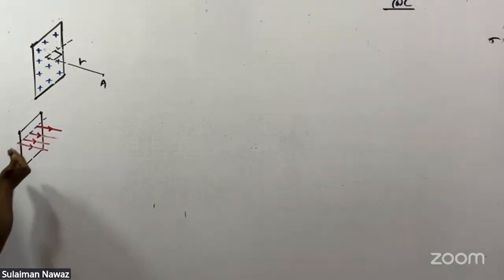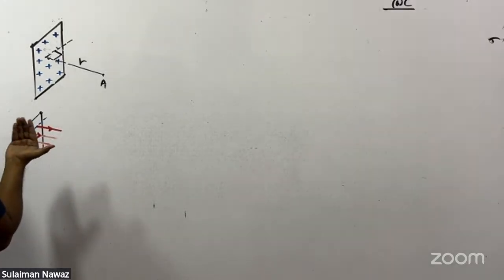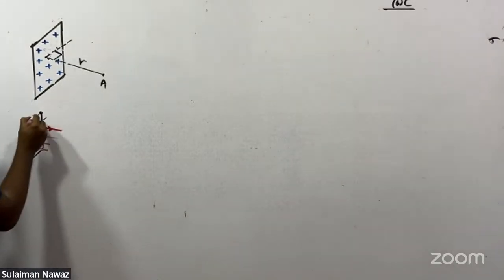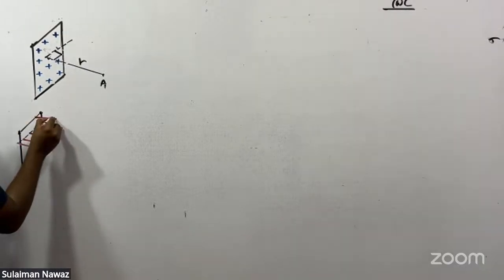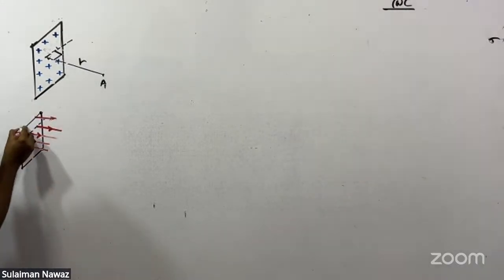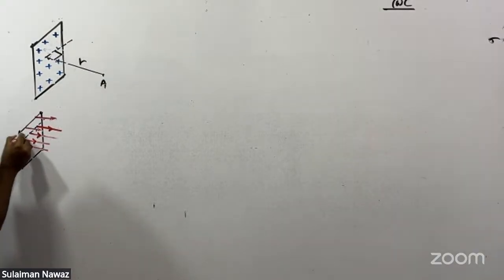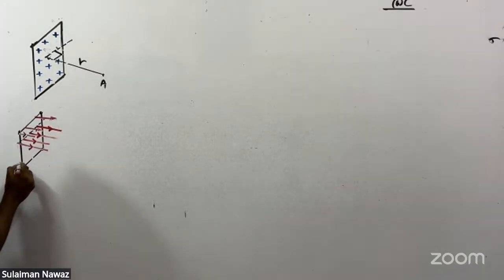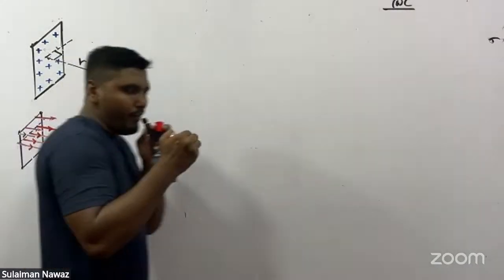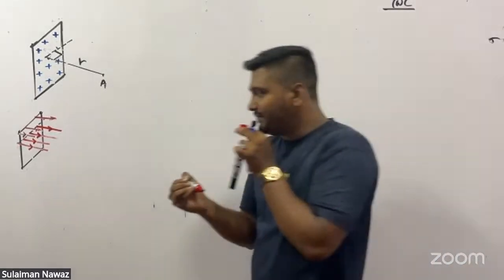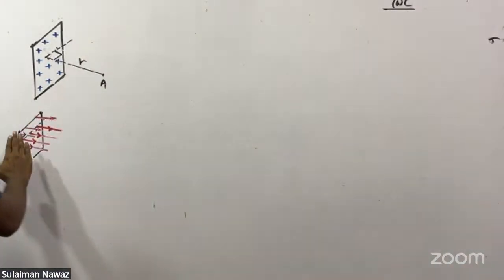There are many electric field lines, but if I draw all of them, this diagram will be very messy. I try to draw another layer of perpendicular electric field lines. Now, do I want to draw the remaining electric field lines? I don't need to, because this is more than enough to understand what's happening here.